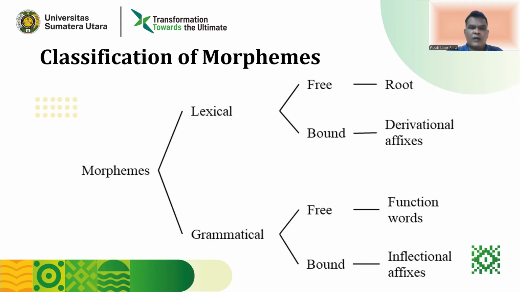So these are the general categories of morphemes which are applicable in any language. So if you want to study the classification of morphemes in a certain language, you can use this diagram in order to classify those morphemes.